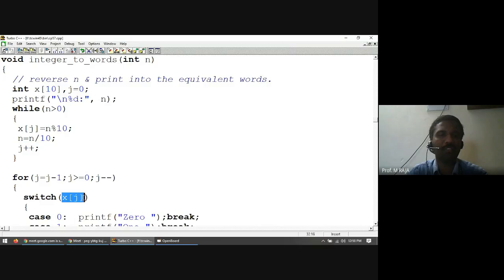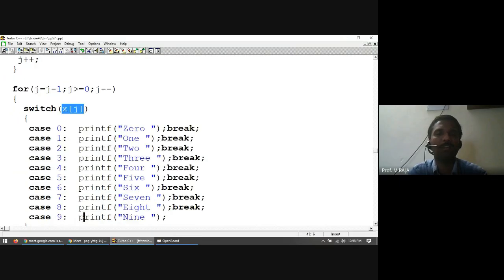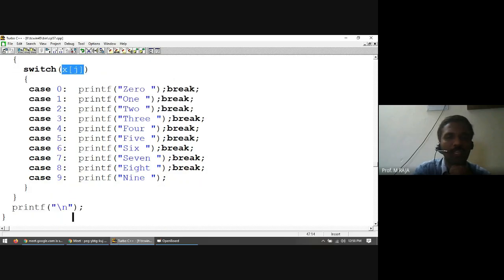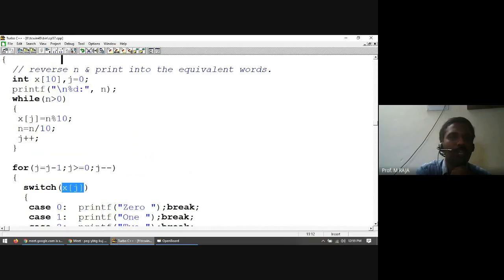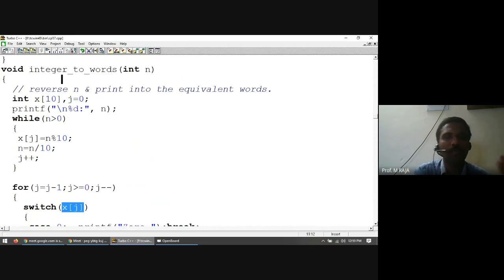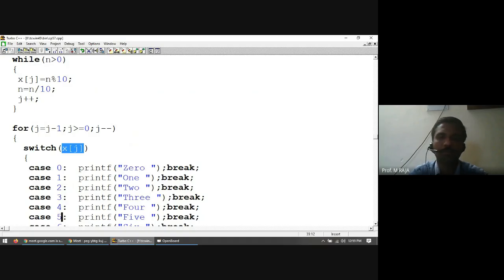Extract the value of x of j and print the equivalent in words. So case 0, case 1 up to case 9, there is no check needed. After this, the current number has been correctly printed with respect to the words equivalent. Then this slash n forces the output to go to a new line so that the next input will be printed in the new line.